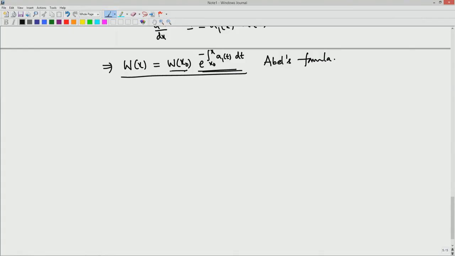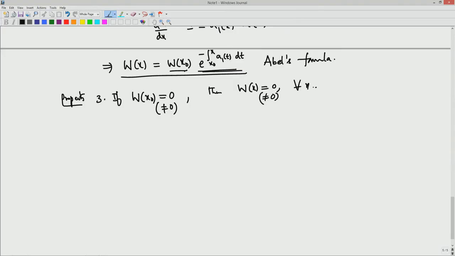So that is Abel's property 3, Abel's formula: the Wronskian is either 0 for every x or non-zero for every x. That is property 3.